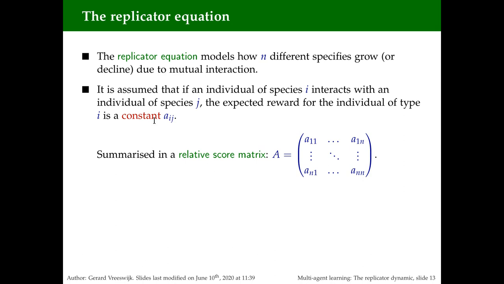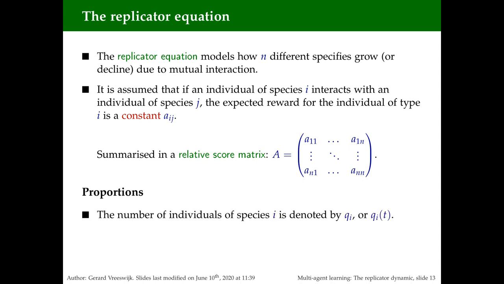Well, then these constants are summarized in the relative score matrix or ground table if you're working with reply rules, and the number of individuals of species i is denoted by Q at time t, or at round t. t can be discrete or continuous.